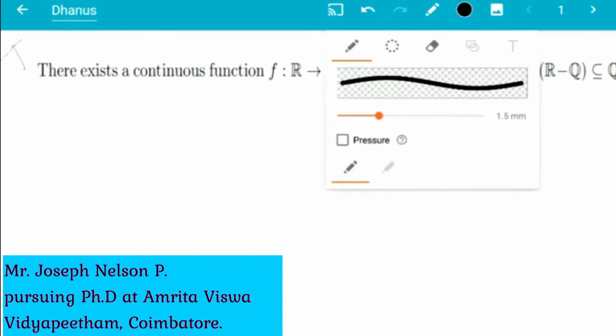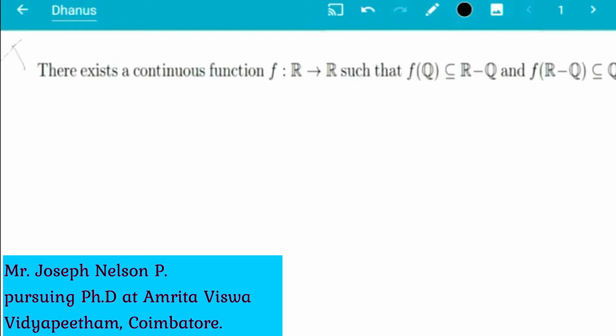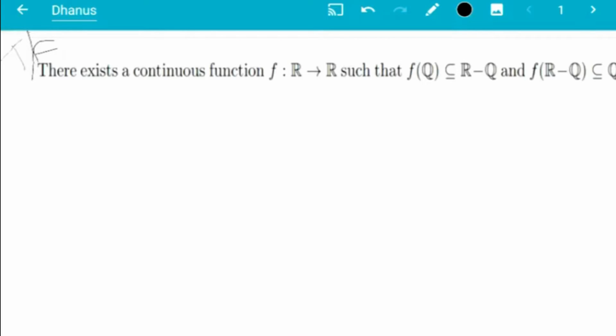Does there exist a continuous function f from R to R such that the image of rational numbers is a subset of irrationals and the image of irrational numbers is a subset of rationals? That is the question.